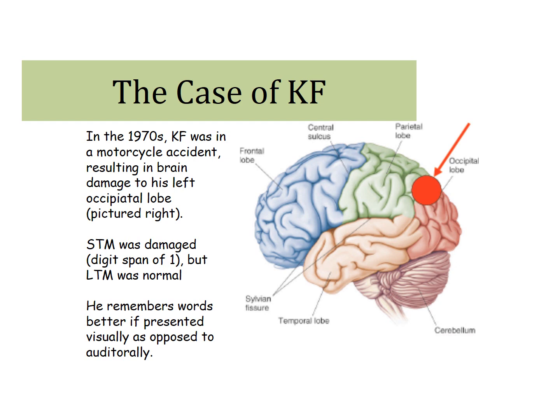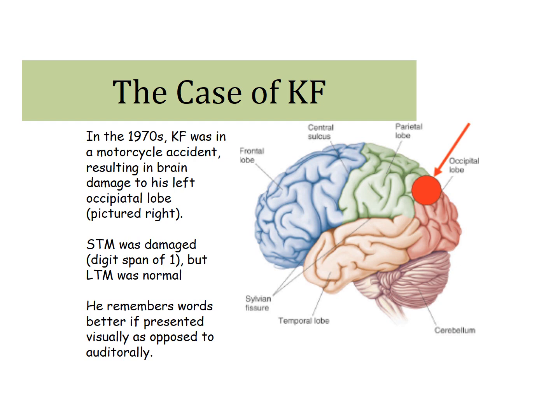So adding one more to your arsenal, and that is the case study of KF. In the 1970s he was involved in a motorcycle accident, and this left him with damage to his left occipital lobe. His short-term memory was damaged, where he only ended up with a digit span of 1 as opposed to the norm, which is 7 plus or minus 2, but his long-term memory seemed to be normal.